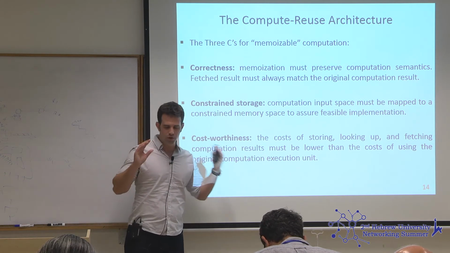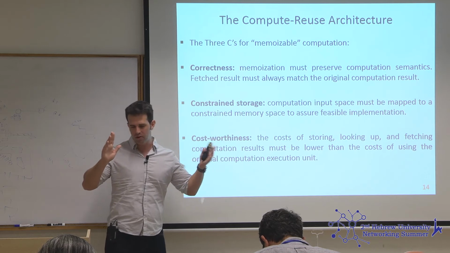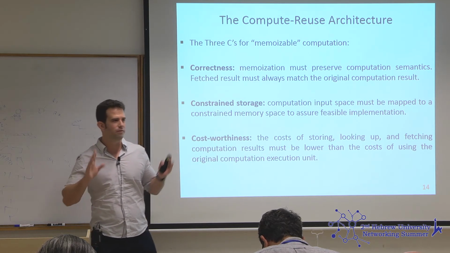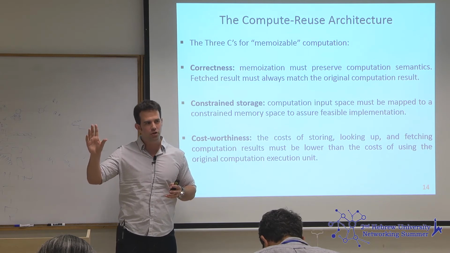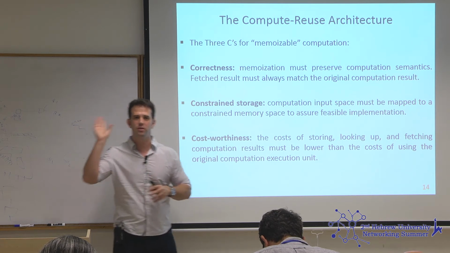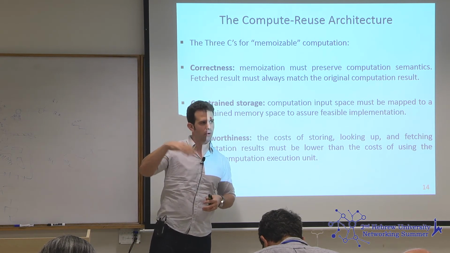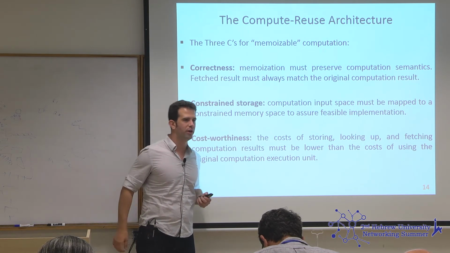So we want to preserve the original program semantics. This property is called referential transparency, and in a nutshell it says that the same computation should always produce the same result, whether it is fetched from the processing unit or from the memory. So we must preserve the original program semantics.